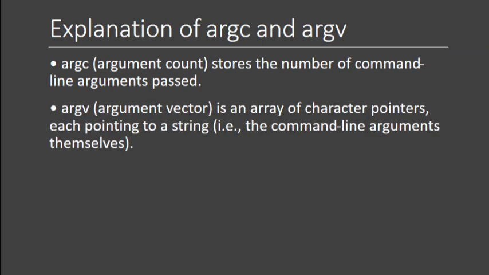Let me discuss what is argc and what is argv. argc is the argument count, which stores the number of command line arguments passed. argv, the argument vector, is an array of character pointers, each pointing to a string, that is the command line arguments themselves.